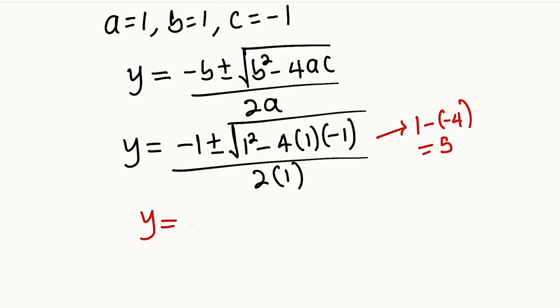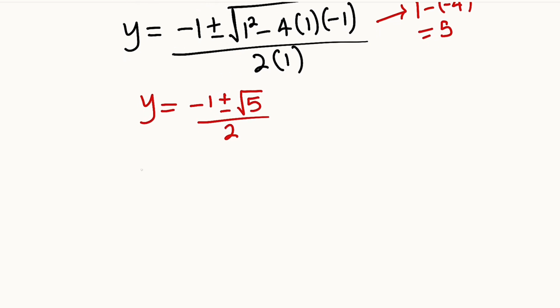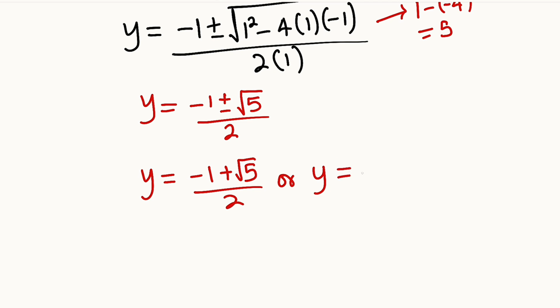Therefore, y is equal to -1 plus or minus square root of 5 divided by 2 multiplied by 1, which is equal to 2. So now we can split the values of y. y could either be equal to -1 plus root 5 divided by 2, or y can be -1 negative root 5 divided by 2.